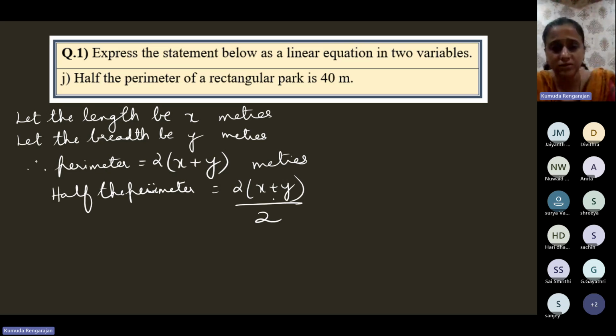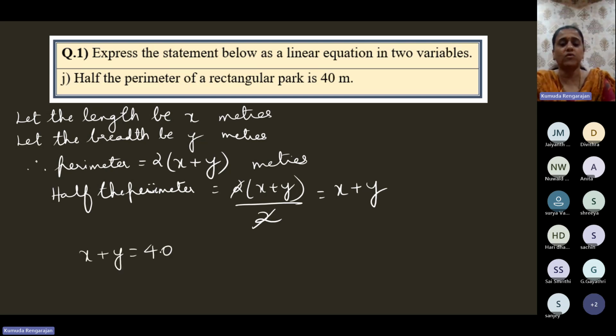Whatever the perimeter is, divide by 2. That will be half the perimeter, which is X plus Y. So this X plus Y is 40. X plus Y is equal to 40, or X plus Y minus 40 is equal to 0 is the required equation.